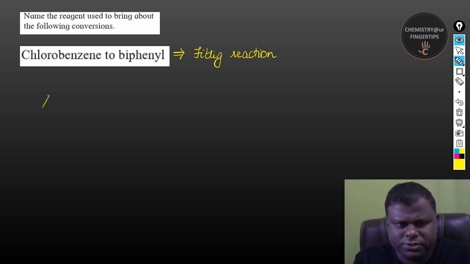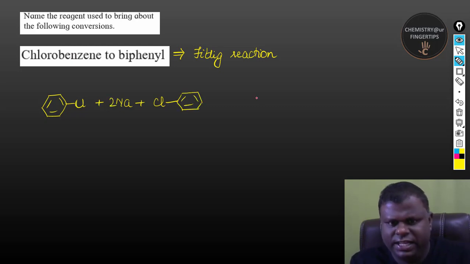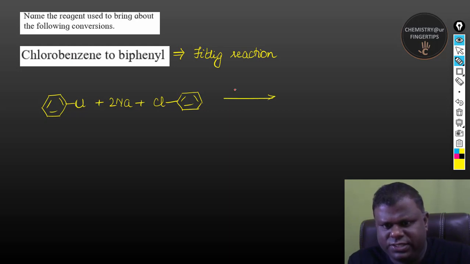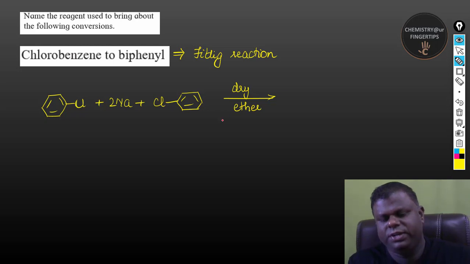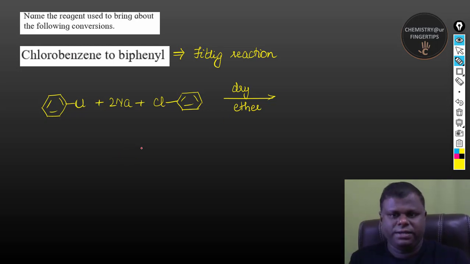You take chlorobenzene and couple it with metallic sodium. I'll need 2 moles of chlorobenzene and 2 moles of Na. The reaction has to be carried out in the presence of dry ether, and the explosive, highly reactive nature of sodium can be prevented by using dry ether.